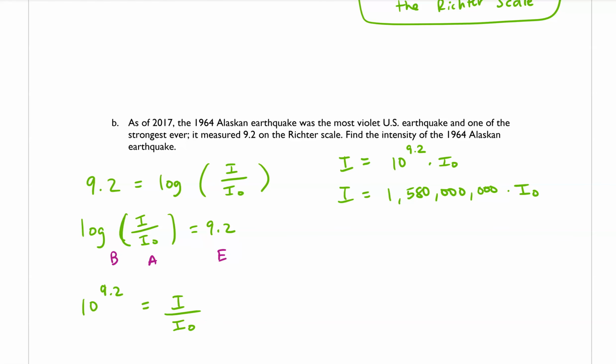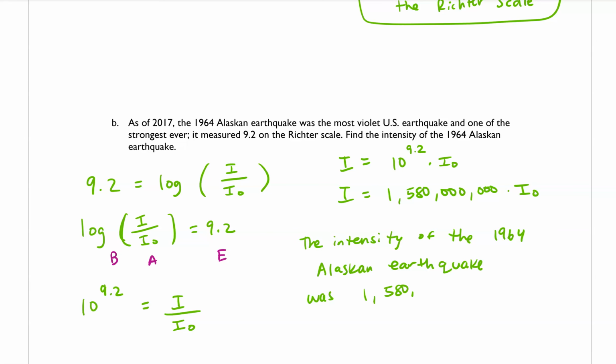So from here, since we don't know what I sub 0 is, we can say that the intensity of the 1964 Alaskan earthquake was 1,580,000,000 times as intense as I sub 0.